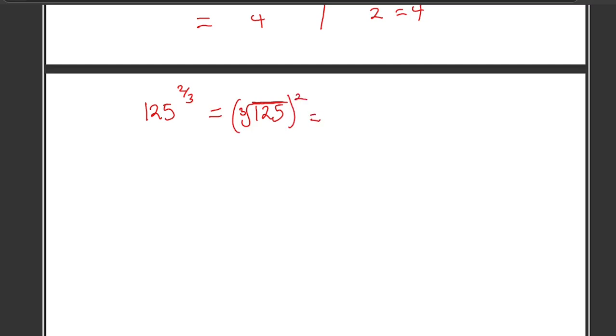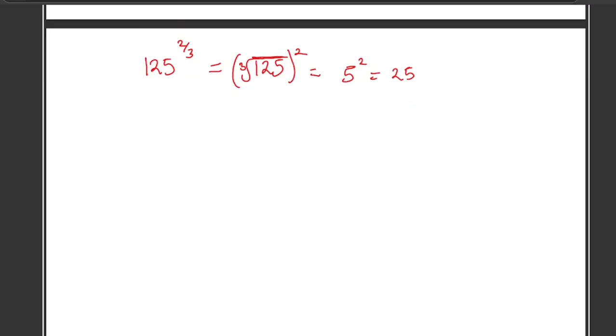The cube root of 125 means which number you multiply by itself 3 times to give 125. And that's 5, since 5 times 5 times 5 is 125. So the cube root of 125 is 5, and 5 squared is simply 25. So with that, you can simplify numbers with fractional indices.